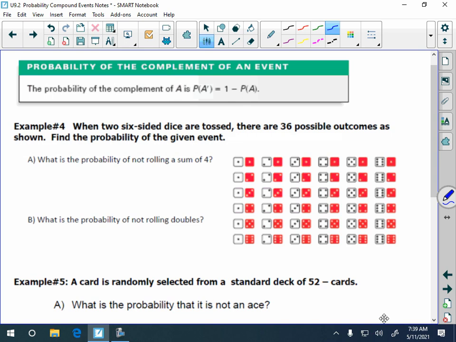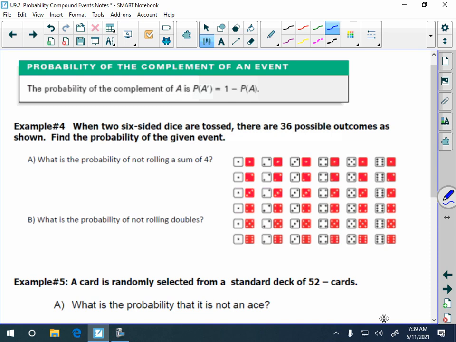All right, so complements occur if we don't want to go through and count up everything that we don't want to occur. So usually the word not is in the problem. So I don't want it to be a multiple of 5. I don't want it to be an even number. So what you can do is take the total number of choices and subtract off the probability of the event happening.